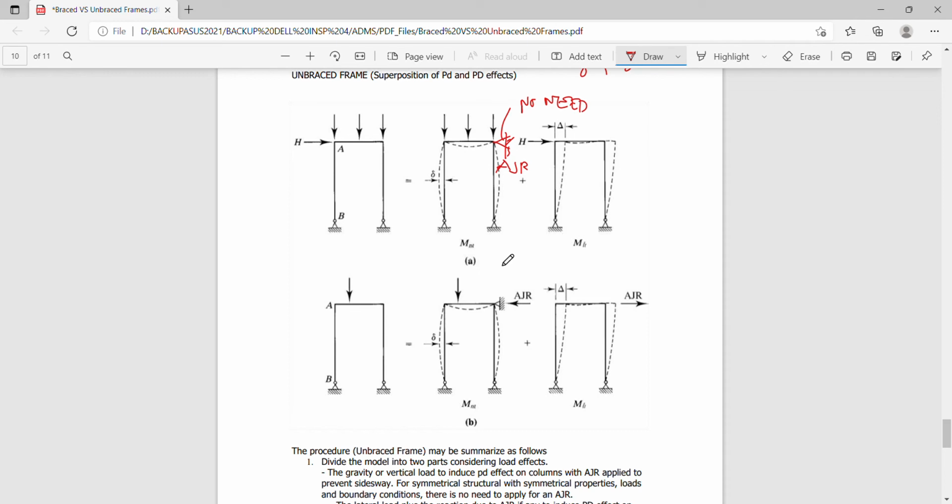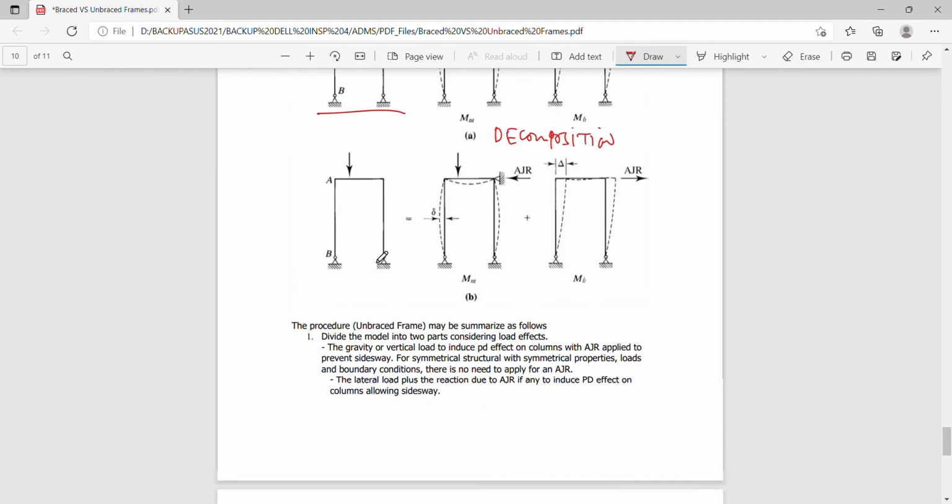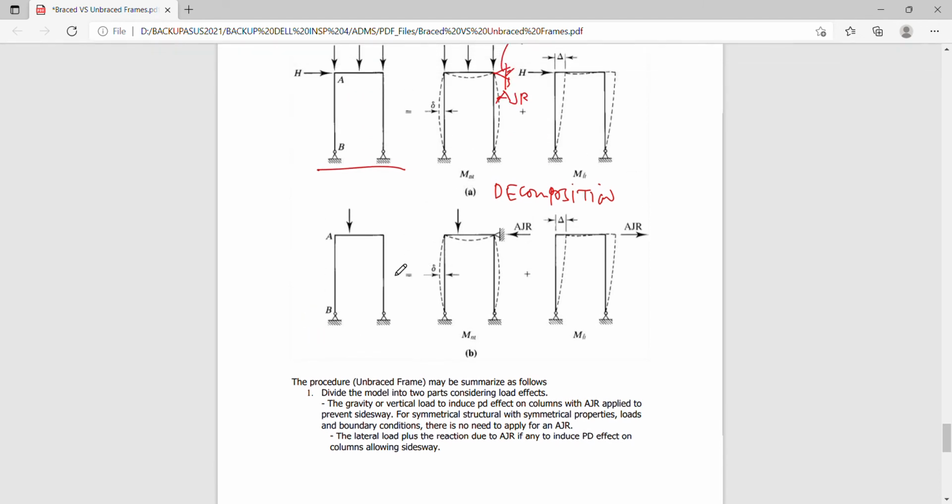So this is now the decomposition of the frame to represent the primary frame or the original frame we are considering. So this is what I'm talking about. If the loads are not symmetrically placed, then you need an AJR to tackle the MNT, the no translation effect, and the with translation effect.